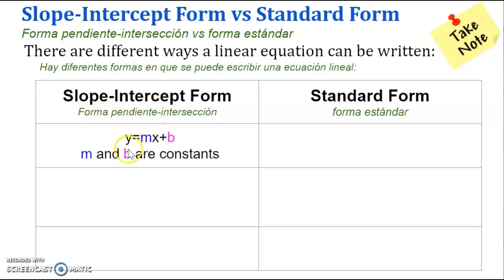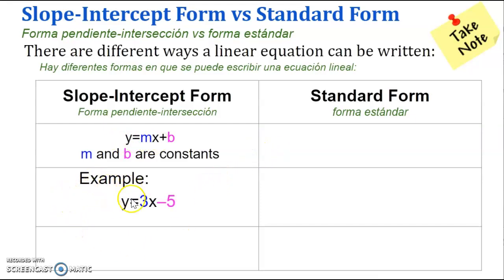So slope-intercept form is y is equal to mx plus b, where m represents the slope and b represents the y-intercept. So m and b are both constants, just some numbers, but that m slope is being multiplied by the variable x, and y is another variable.